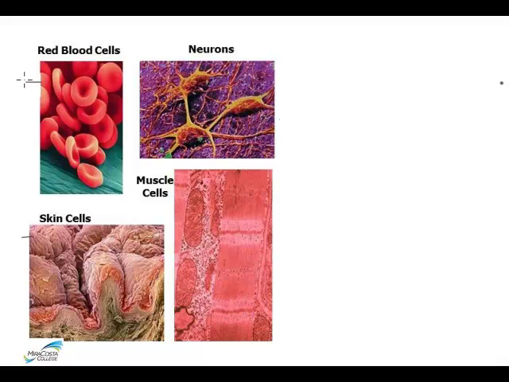Here we've got red blood cells, and if we look at the structure of red blood cells, what we can see is that they have this kind of flattened, round structure. And red blood cells are basically big bags of hemoglobin protein. Hemoglobin protein is a protein that's specialized to bind to oxygen, and that allows these red blood cells to carry out their function in the body, which is to transport oxygen through the bloodstream.